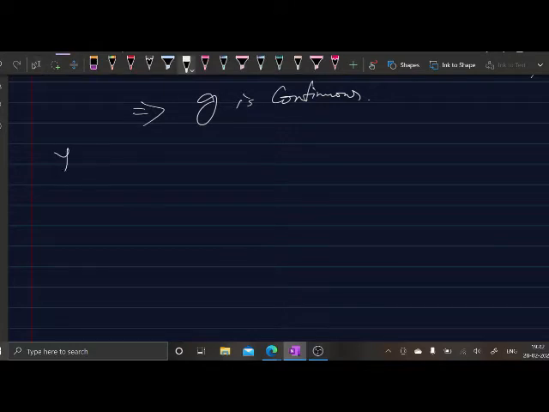Now therefore we can claim that, what is f dashed? What will be f dashed?